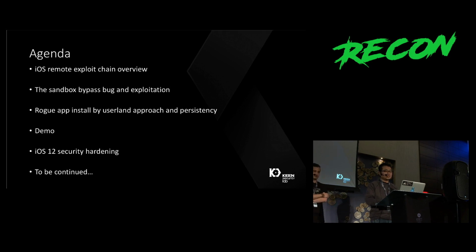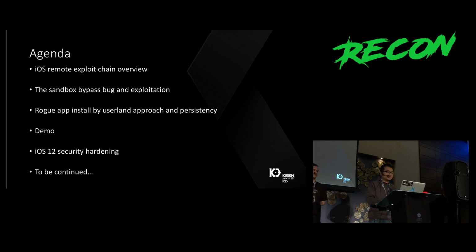At first glance, we found that the bug is not that good, but after deeper research, we found the bug can be turned into a very perfect bug, with which we can achieve 100% reliability of the exploit.